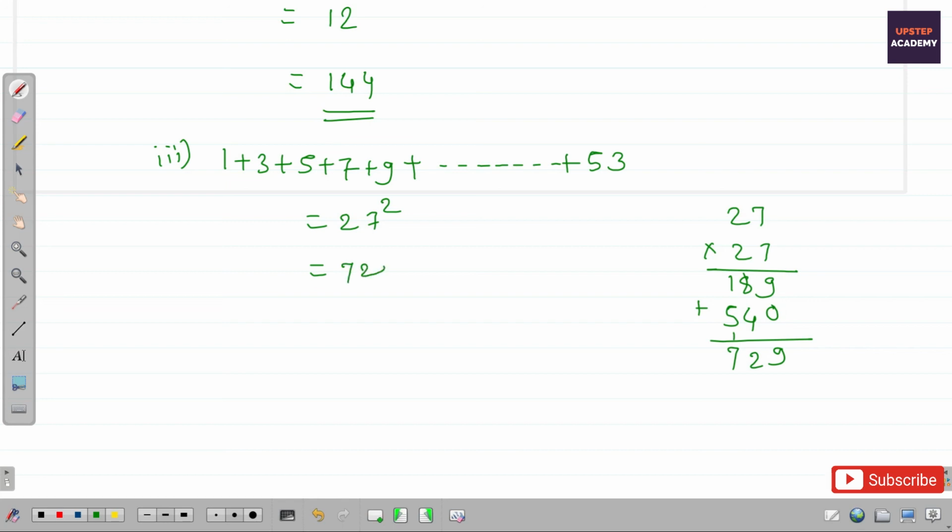So 729 is the sum of the first 27 odd natural numbers.